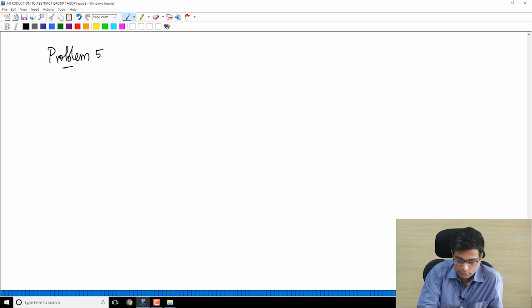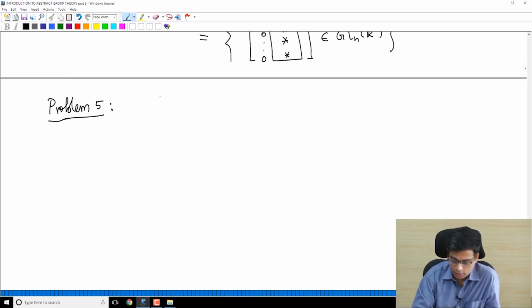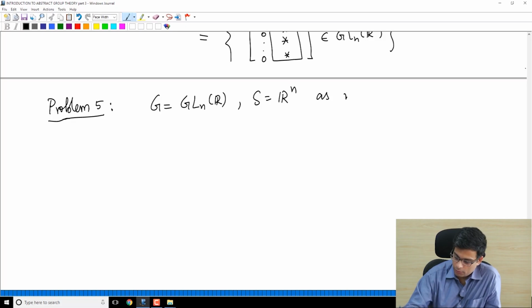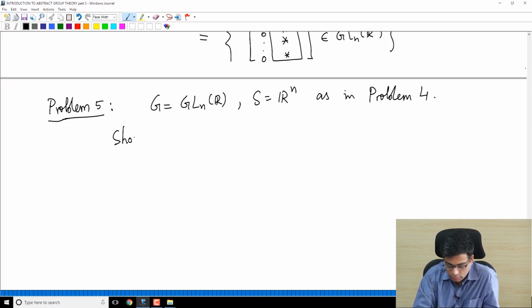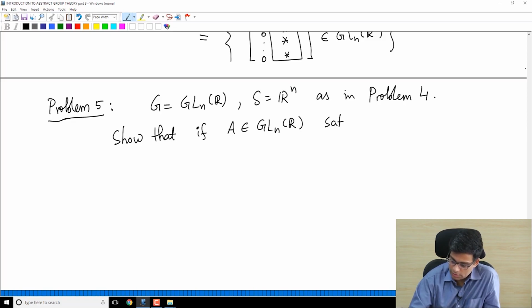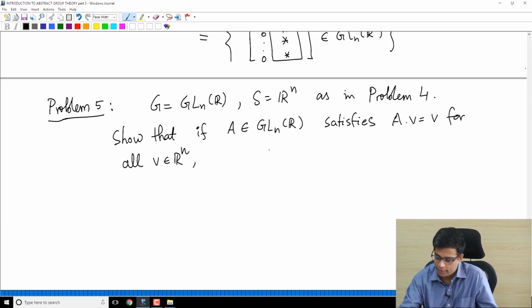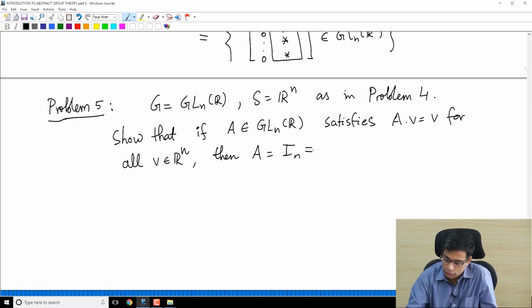So problem 5 is, for the same G as GLNR and S as Rn as in problem 4, show that if A is an invertible n by n matrix such that A dot V is V for all V in Rn, then A is the identity n by n matrix.